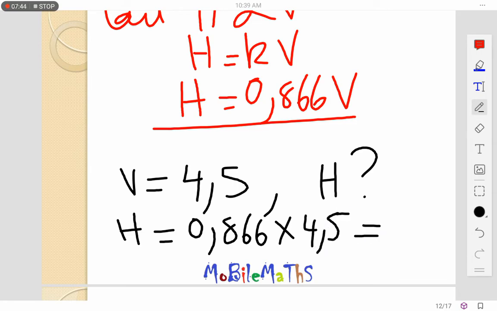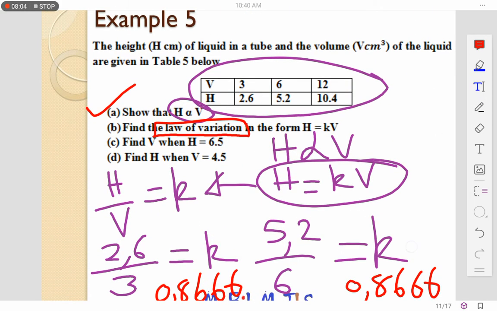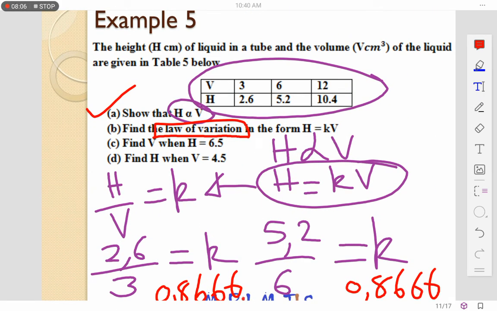What do we get? 0.866 times 4.5, we'll get 3.8997.